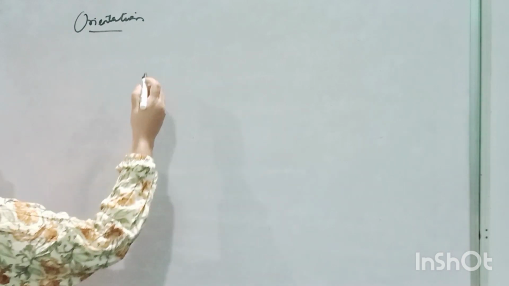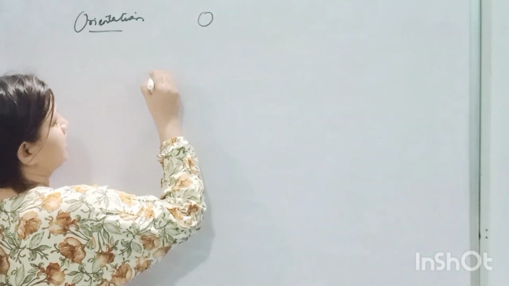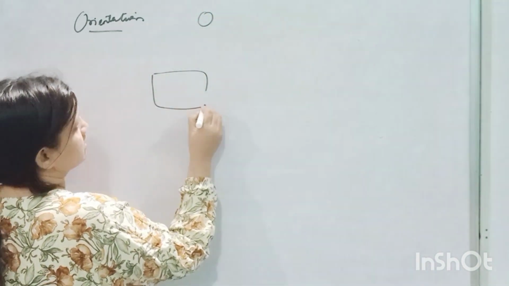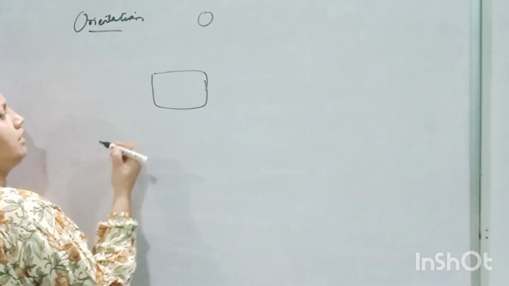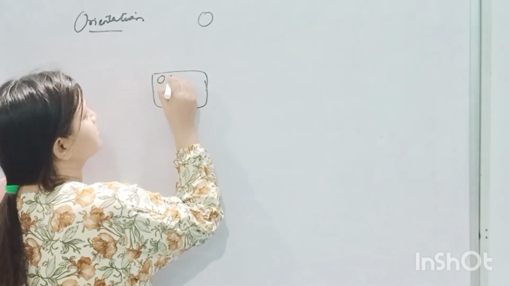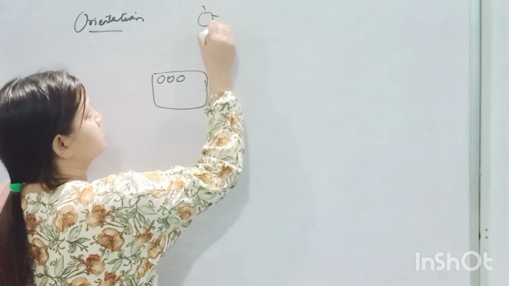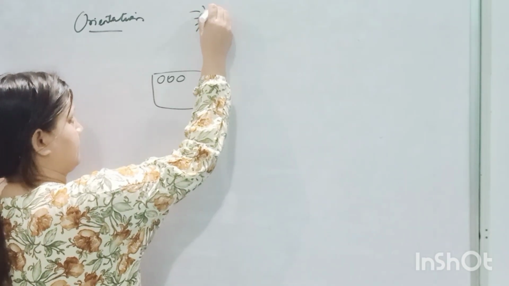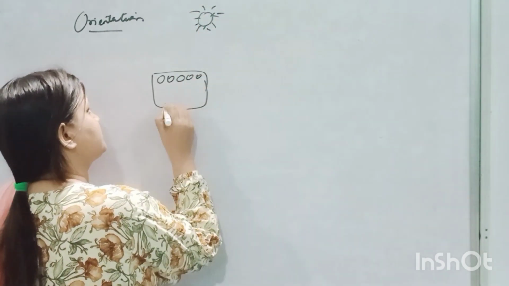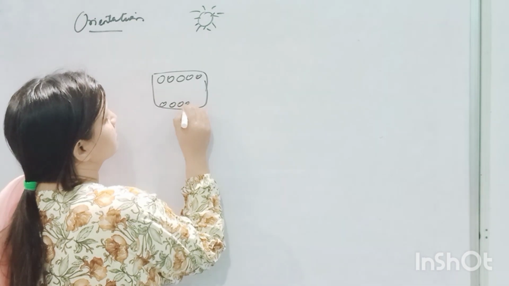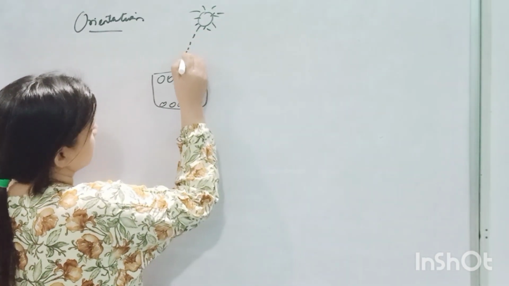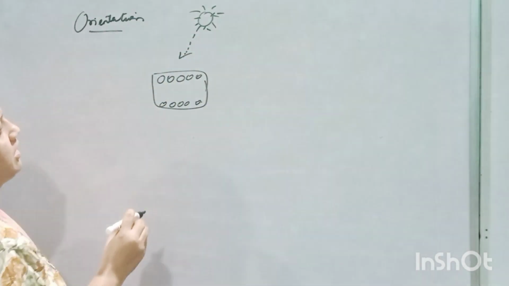For example, this is the sun, this is the cell wall, and the chloroplasts arrange themselves accordingly.